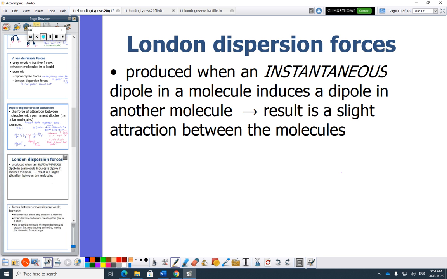And it says it induces a dipole in another molecule. It just talks about molecules. I would even put in specifically to help yourselves, nonpolar.